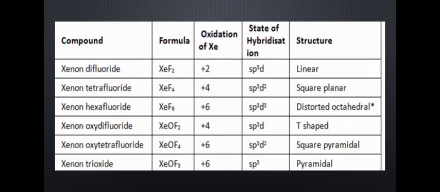But now only 2 fluorine are there, therefore 2 fluorine will occupy the axial positions, while the 3 equatorial positions will be occupied by the lone pairs. Therefore the structure will be linear, while the hybridization will be sp3d.